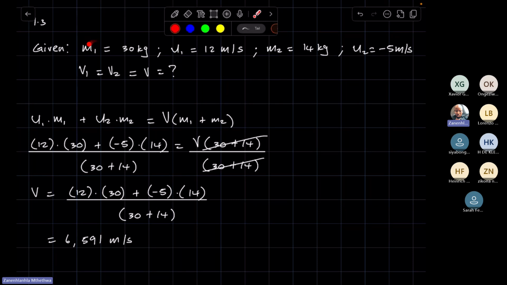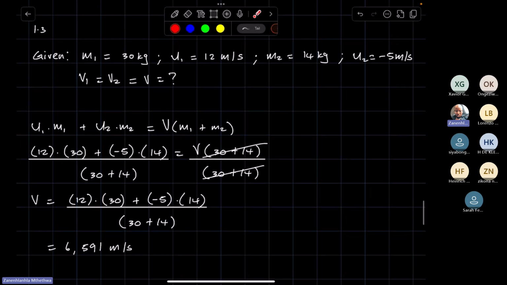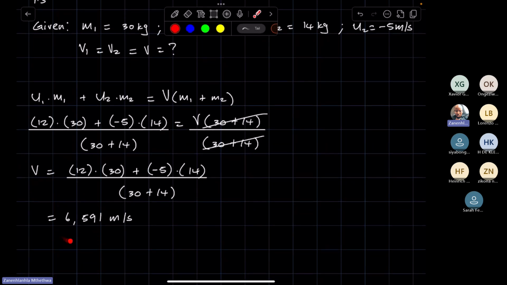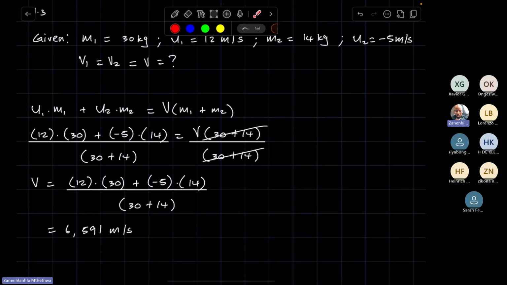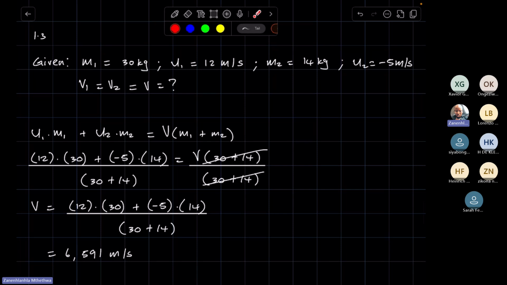So had we taken mass 1 as heading west and mass 2 as heading east, we would have gotten a negative answer here. And that negative answer would be indicating that the two objects are moving in the initial direction of mass 1, all together.